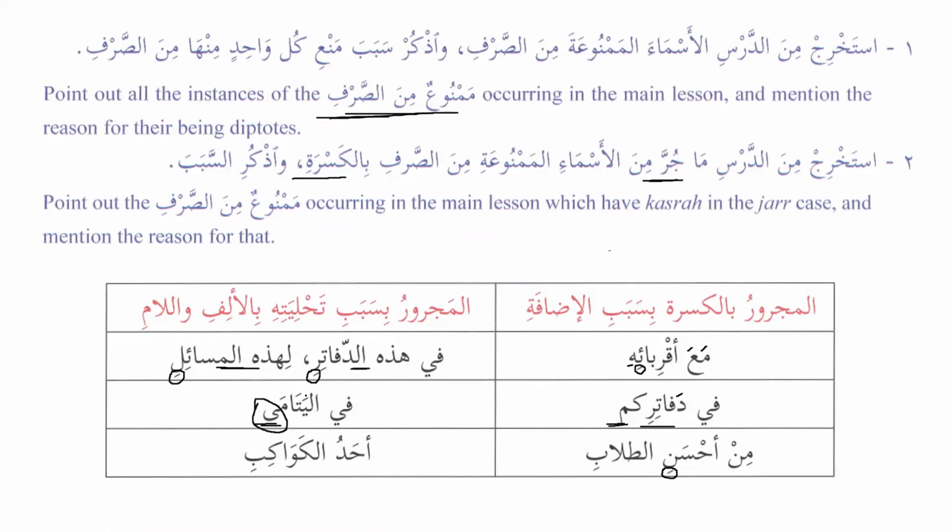So that's why we will say that this is majroor bil kasra, but as they say lit ta'adhur, there is the reason why we can't see that because it ends with alif maqsura. Ahadul kawakibi, kawakibu, mafa'ilu. And we know ahad is used as mudaf, and al-kawakib is mudaf ilayh, it is majroor, and it has accepted kasra because it is decorated with al.